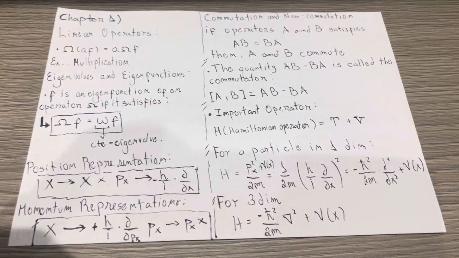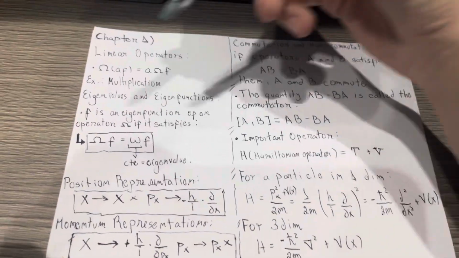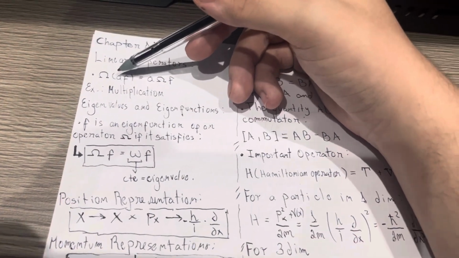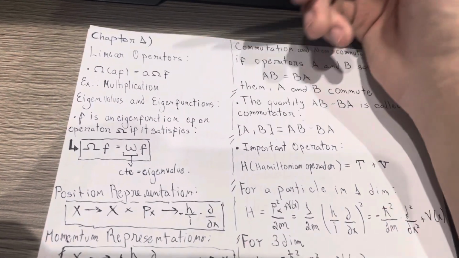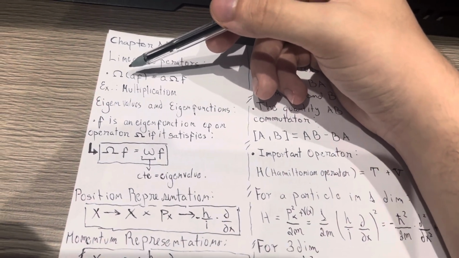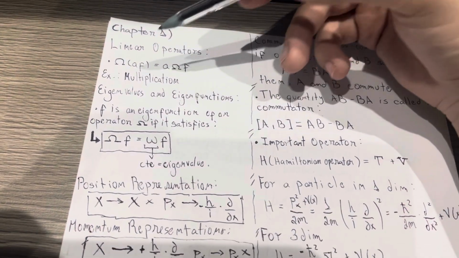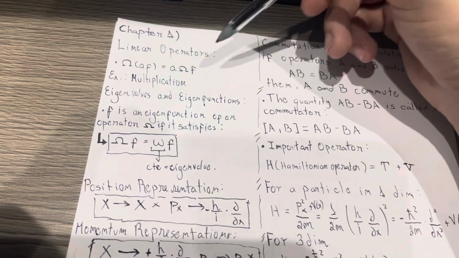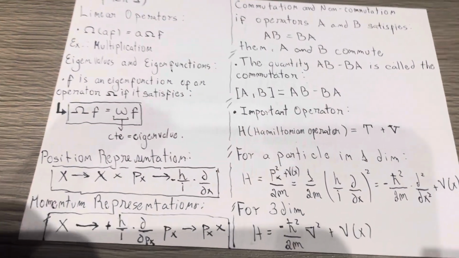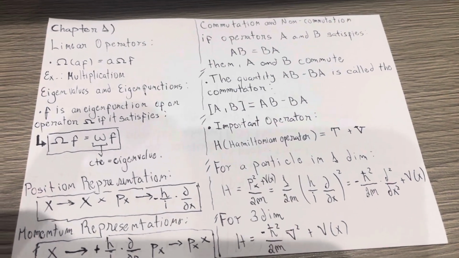First, they introduce linear operators. We have an operator operating on functions, like one function with some constant here, and if this is equal to the constant times the operator operating on the function f, then you can call this a linear operator. This is like multiplication.